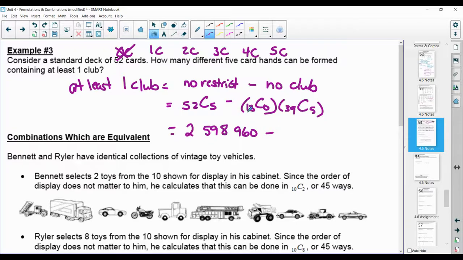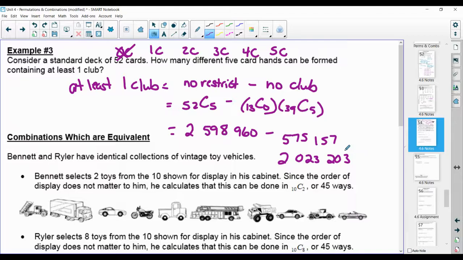And if we subtract, 13 choose 0 is just 1, and 39 choose 5 is 575,157. And so we're going to get that same total, 2,023,203. Now, this is, again, significantly less work than if we had to write everything out.